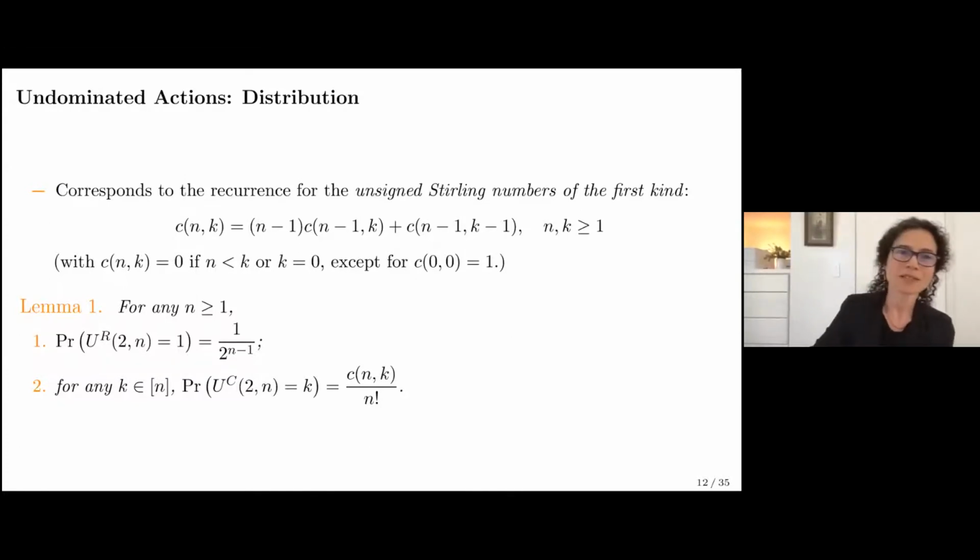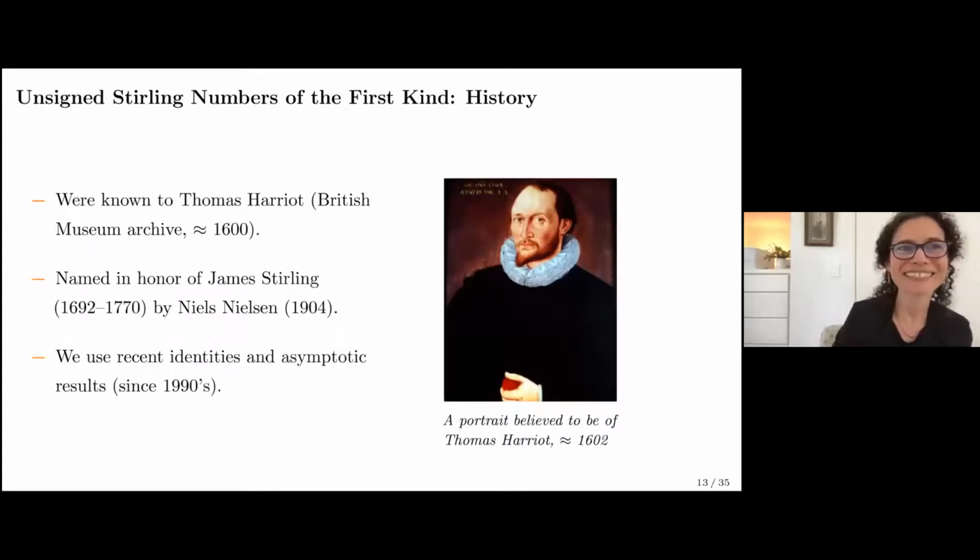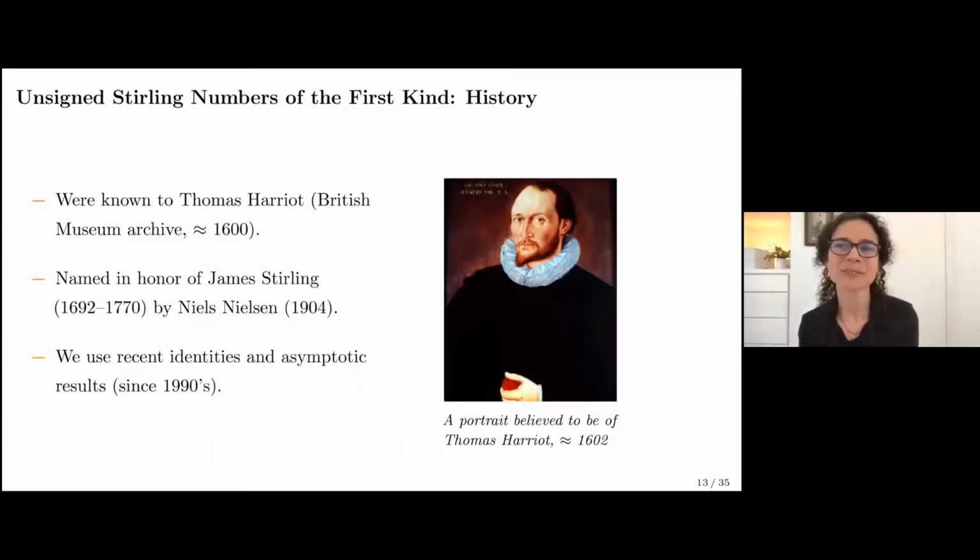All right, as a little mental break, the history of these numbers is kind of curious. In fact, it seems likely that they are misattributed to Stirling. It seems like Thomas Harriot, this handsome dude on the right here, who was a British mathematician in the 1600s, actually came up with it around 1600.